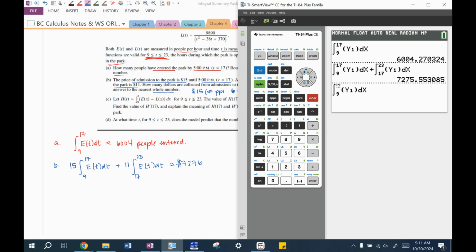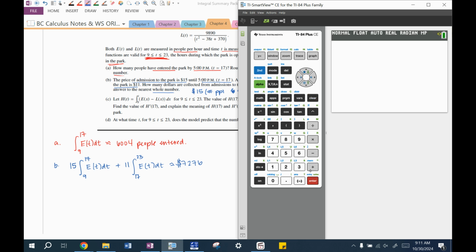Let me do this. Clear. Okay, second enter can recall what you just typed. I forgot to put in any of the costs. What am I doing? So what if I do that? I don't want to retype the whole thing, but I can second insert 15 and I can second insert 11. Let's see about this. There we go.